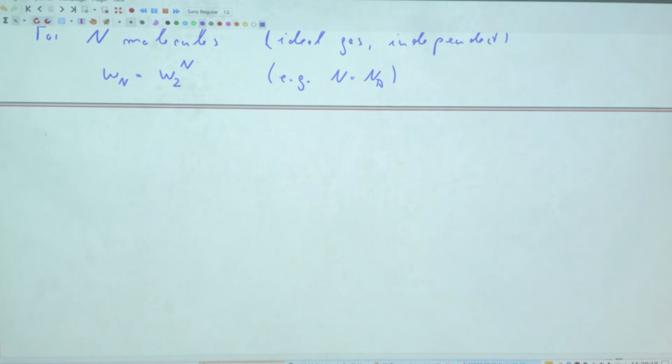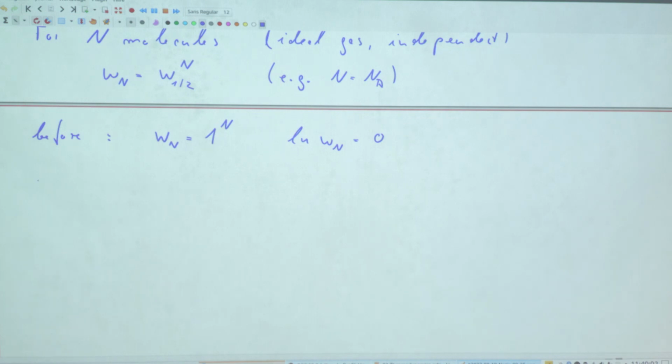So for the situation before, maybe I should put 1 and 2 here, the logarithm of W1 equals 0 here.